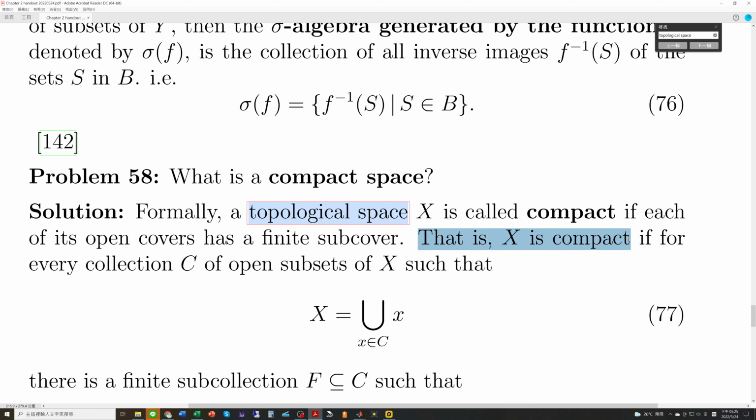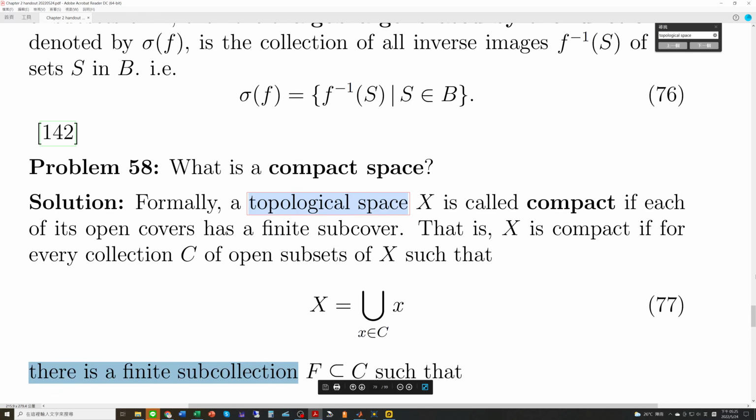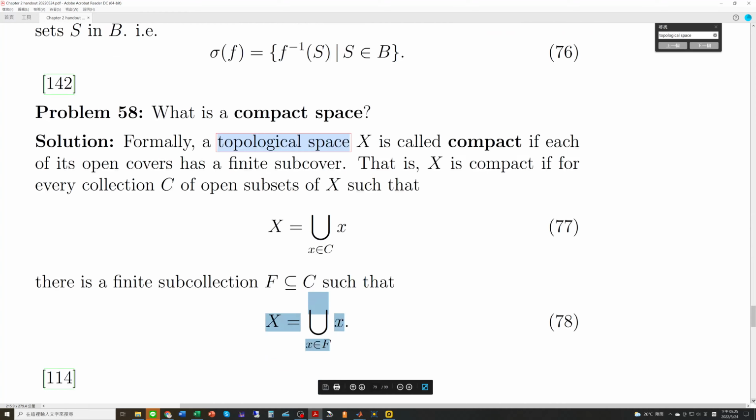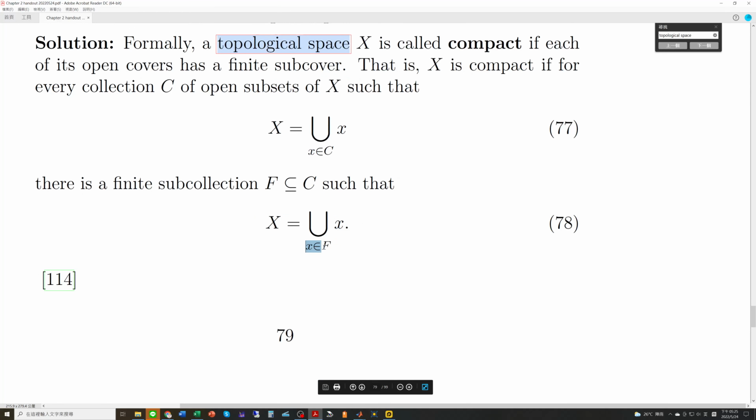That is, X is compact if for every collection C of open subsets of X such that capital X is equal to the union of small x for all small x in C, there is a finite subcollection, that is, F is a subset of C, such that capital X is equal to the union of small x for all small x in F. This is the compact space.